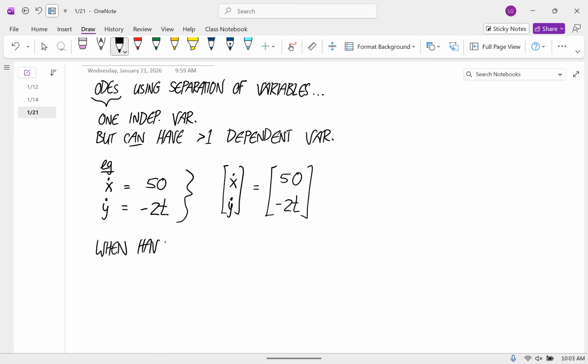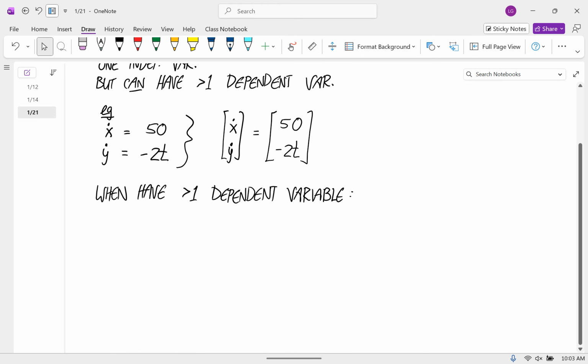When you have more than one dependent variable, you have to think about whether it's a coupled system or an uncoupled system.